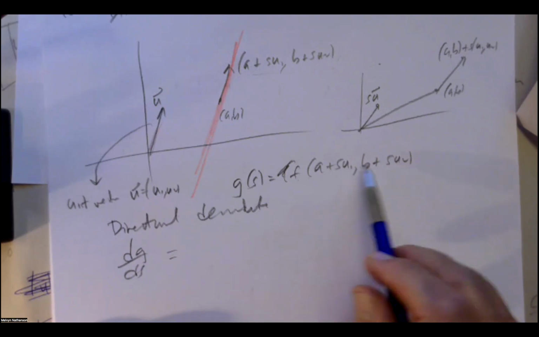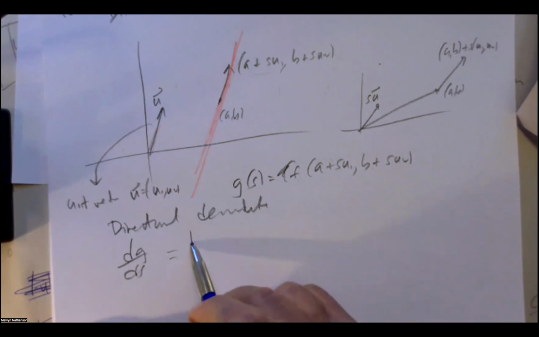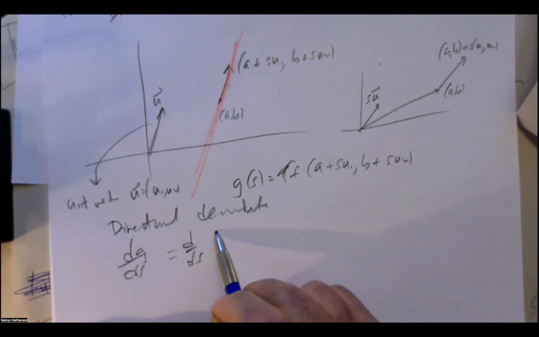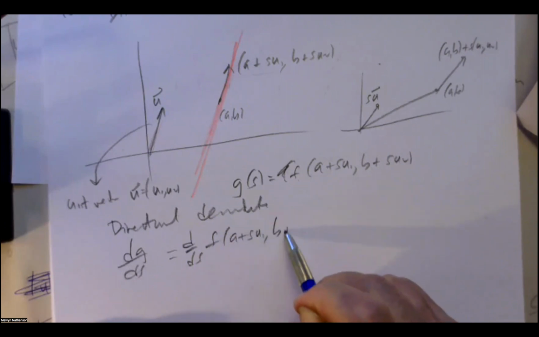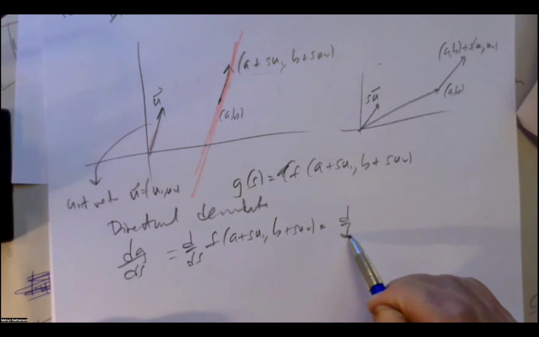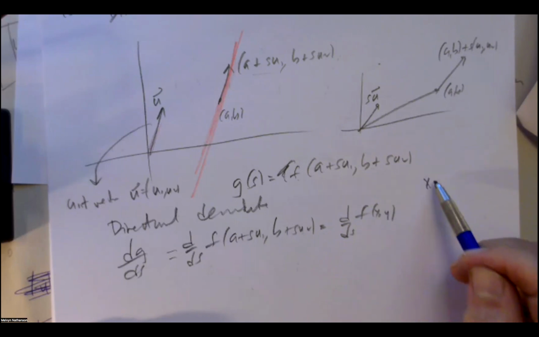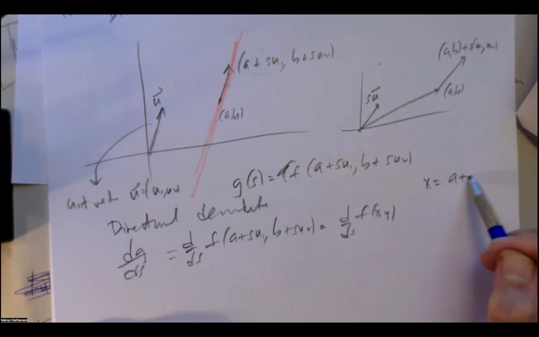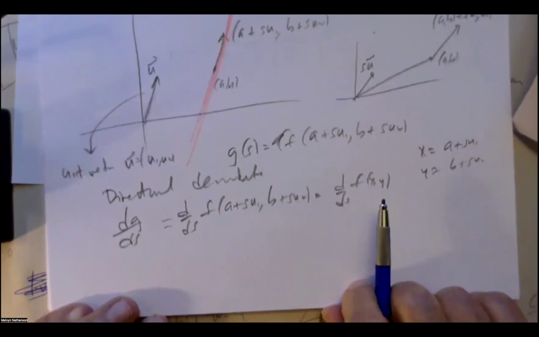That's the derivative with respect to s of f of (a + su1, b + su2). I think of that as a derivative with respect to s of the function f of x, y, where x is a plus su1 and y is b plus su2.